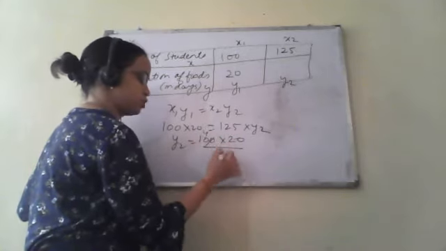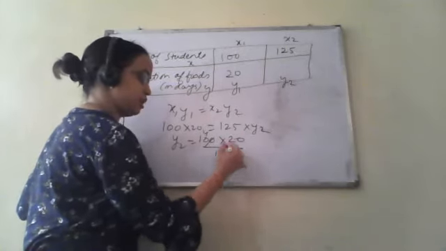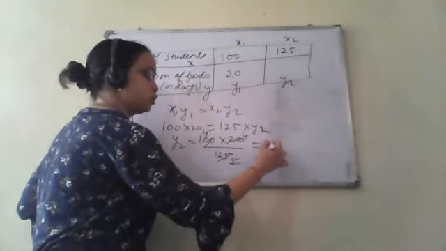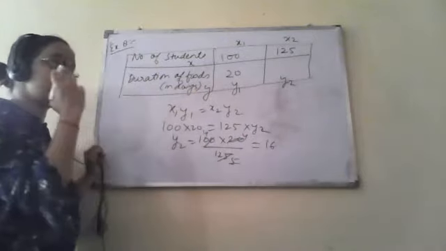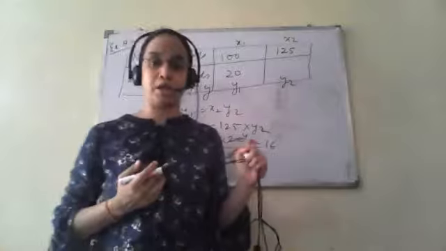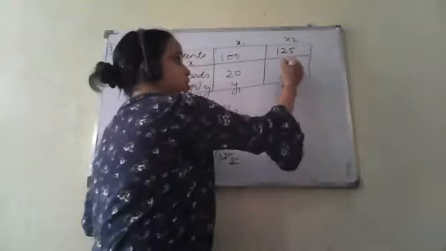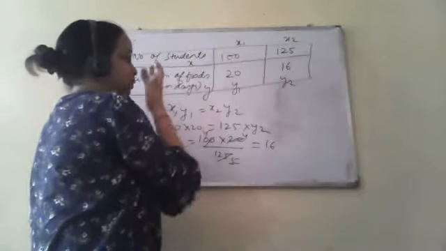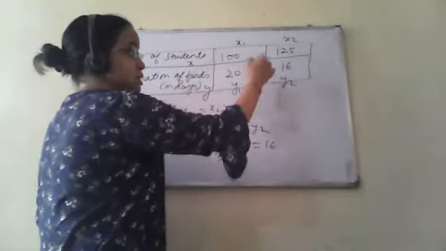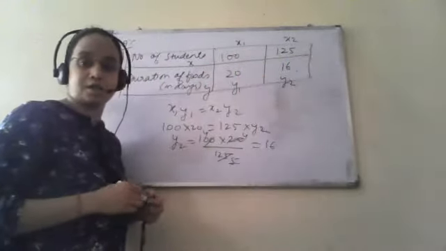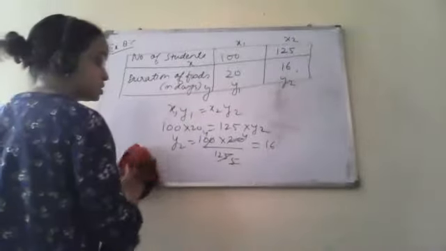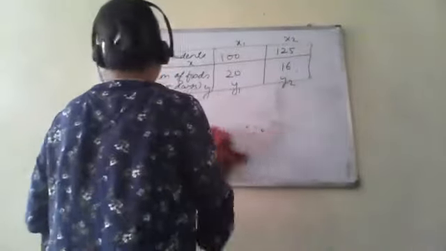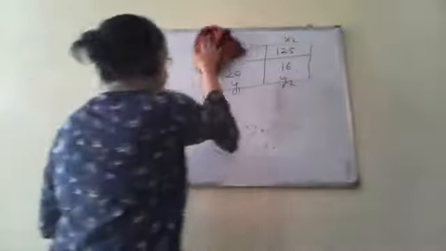This is 25 fours are 100 and 25 fives are 125, and 4 into 4 is 16. So if 25 students join the camp, food will last for 16 days. So it is clear, the number of students is increasing and the number of days is decreasing. So I hope this is clear to you. Now next example.